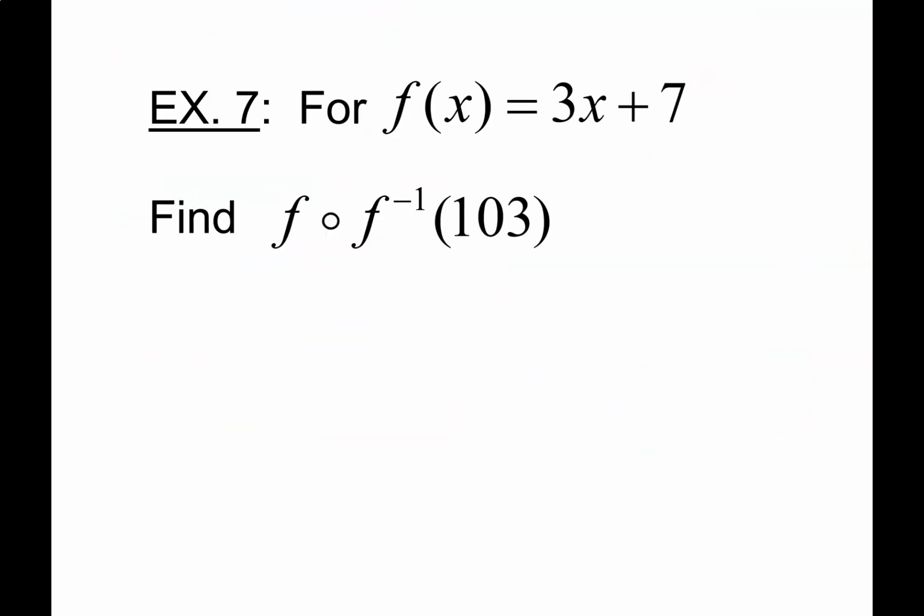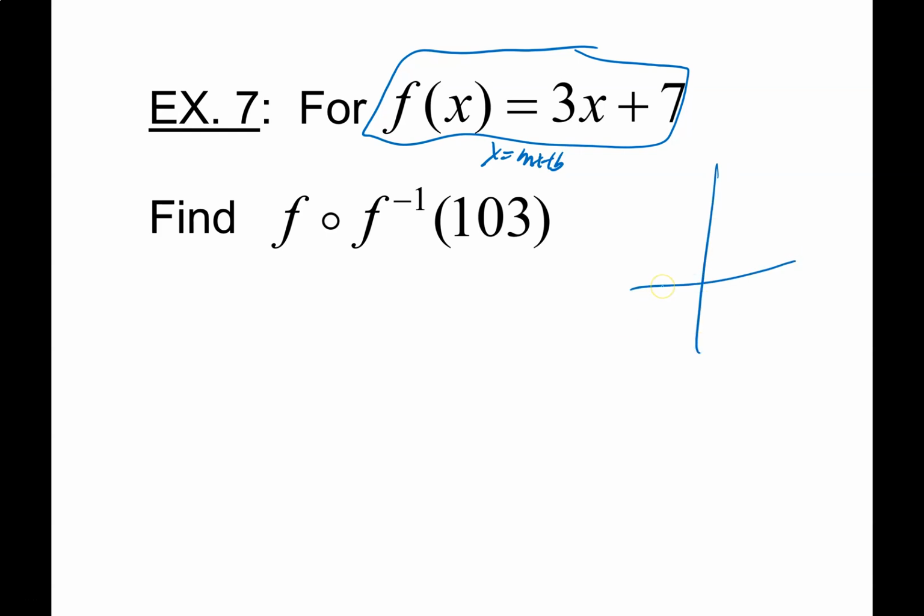Now, for f of x equals 3x plus 7, find f of f inverse of 3. Now, here's the one thing I know. Oh my God, I've got to do all these domain restrictions again. No, this is a y equals mx plus b. It has an intercept at 7 and a rise over run of 3. It'd look something like this.